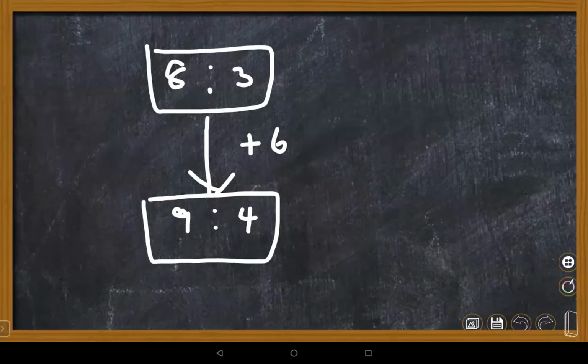Children, the ages of two students are in the ratio 8:3. 6 years hence, their ages will be 9:4. Find their present ages.